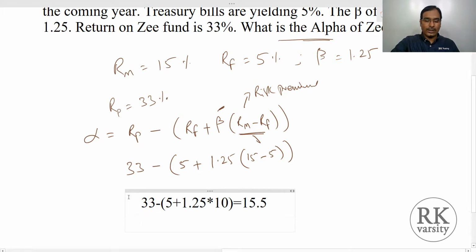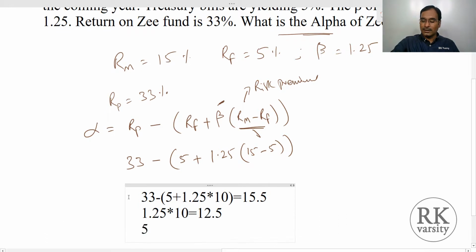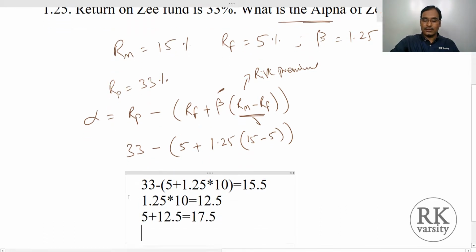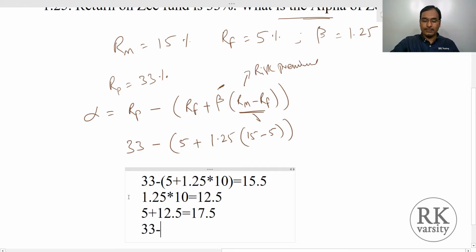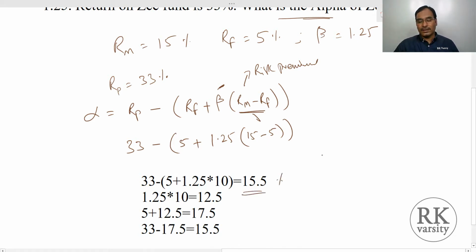Or we can do it separately, that is 1.25 times 10 equals 12.5. 5 plus 12.5 equals 17.5, that is 33 minus 17.5 equals 15.5. So the Jensen's alpha is 15.5%. So this is a positive one.